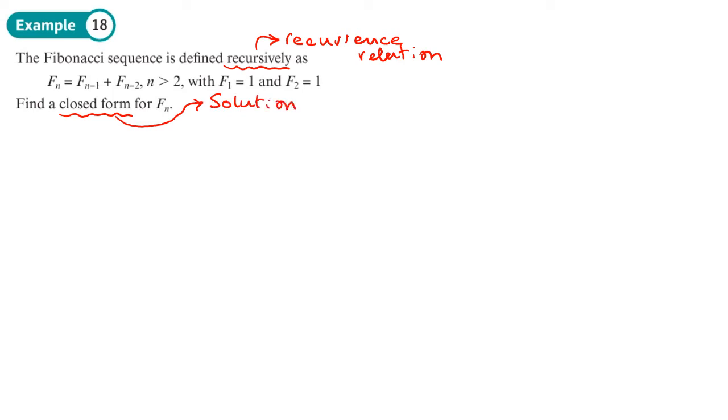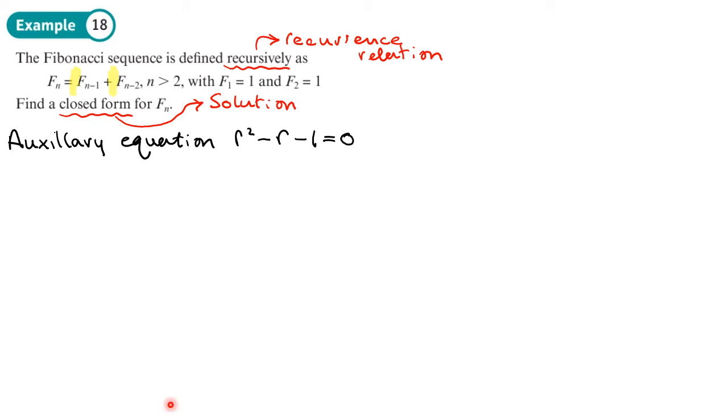So the first thing we need to do is to form and solve the auxiliary equation. Now the coefficients of these terms here are both 1. So I've got A is 1, B is 1. So I will have an auxiliary equation of r squared minus r minus 1 equals 0.